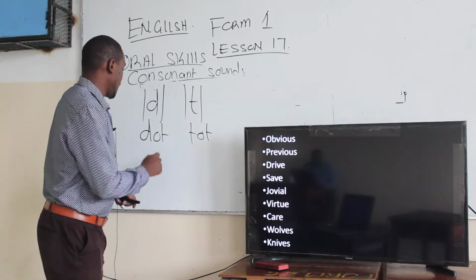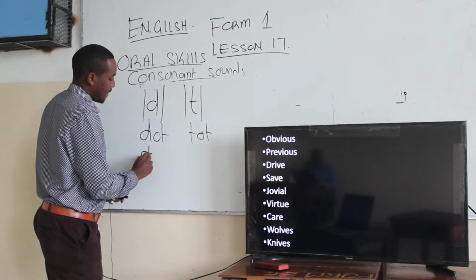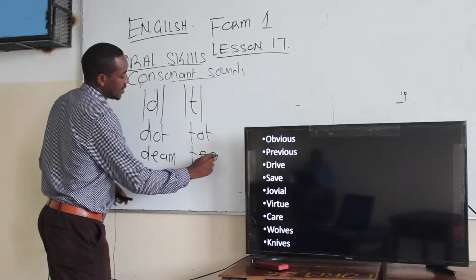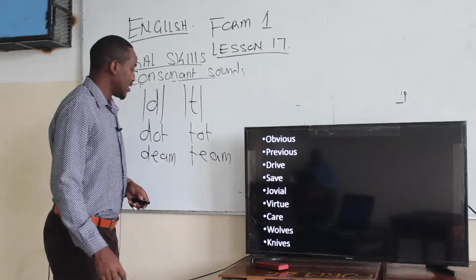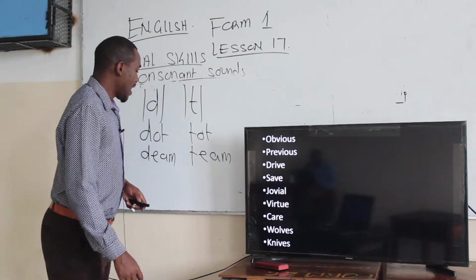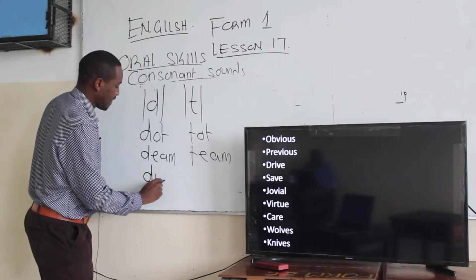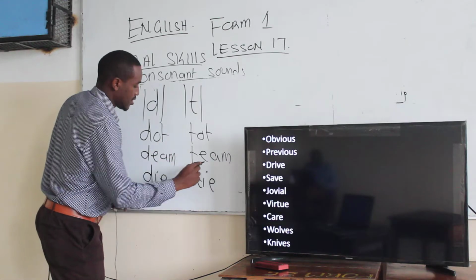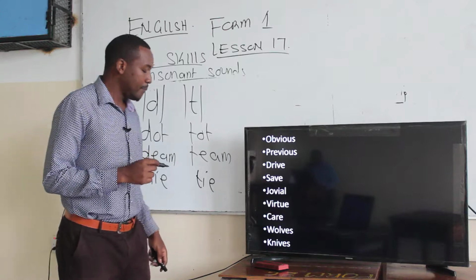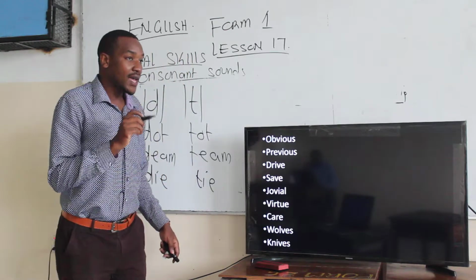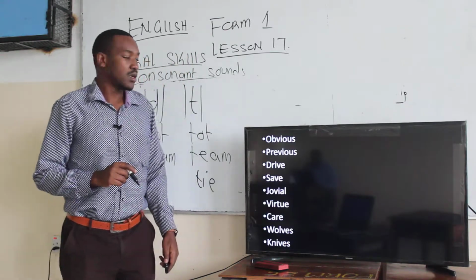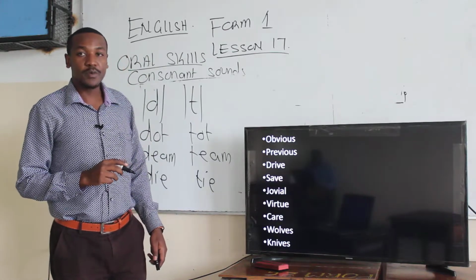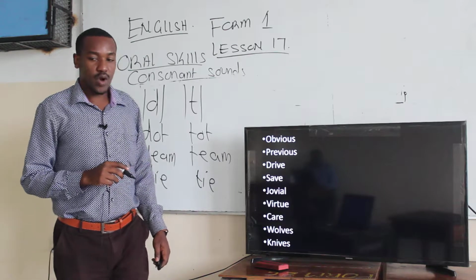We can say dim, and you can say team. Die, you can also say tie. Did you know it can happen? Someone says, did you tie the goat on the leg? Did you tie? So that is improper pronunciation of that word.